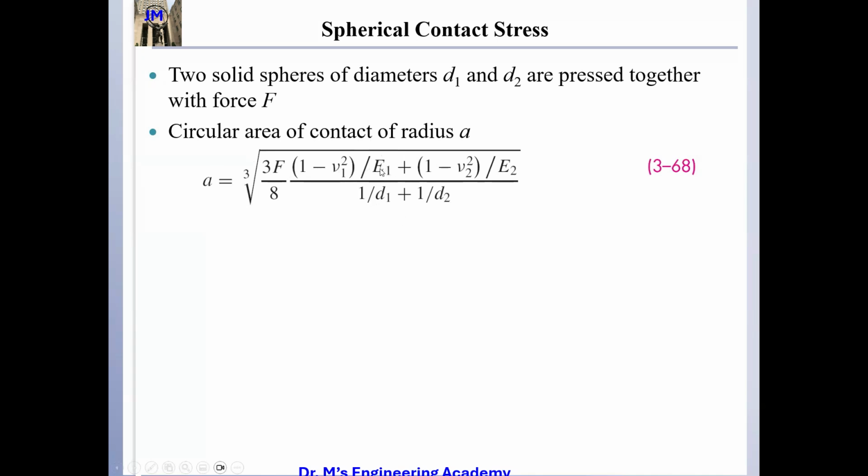E1 is the Young's modulus of material 1, E2 is the Young's modulus of material 2, nu1 is the Poisson ratio of material 1, nu2 is the Poisson ratio of material 2, D1 and D2 are the diameters of these two spheres, and F is the force. This is an analytical equation.